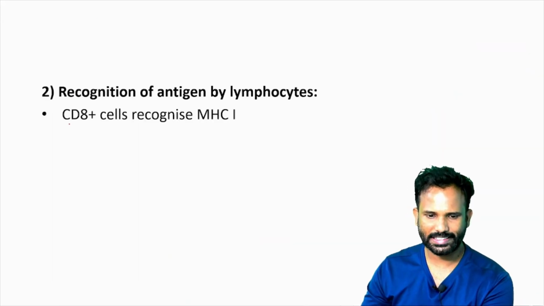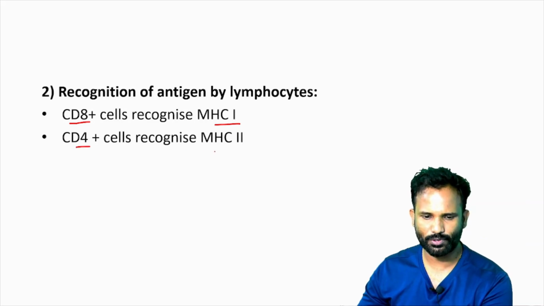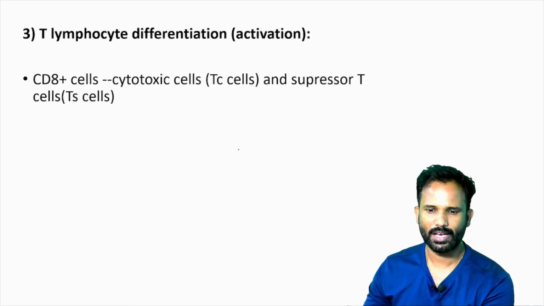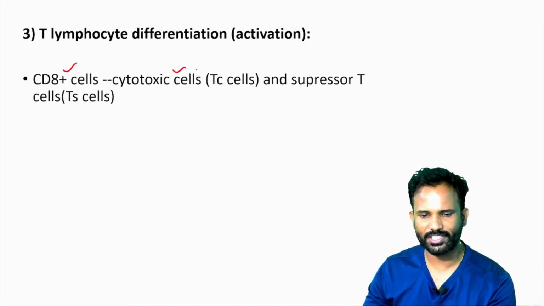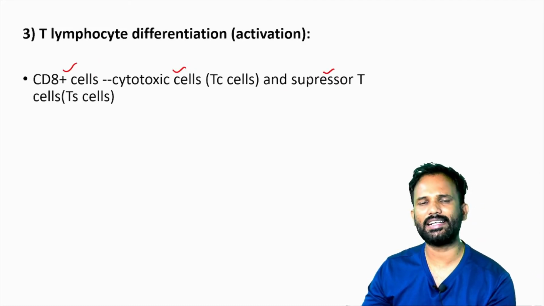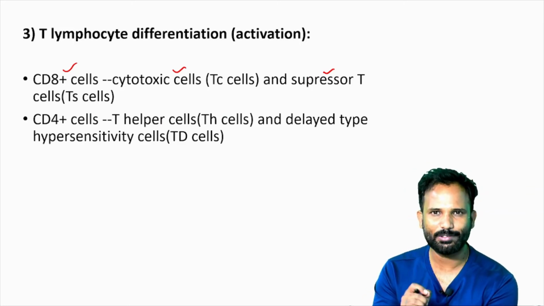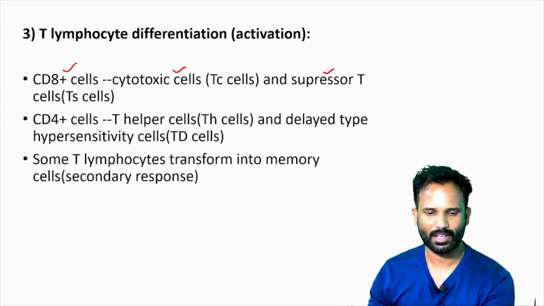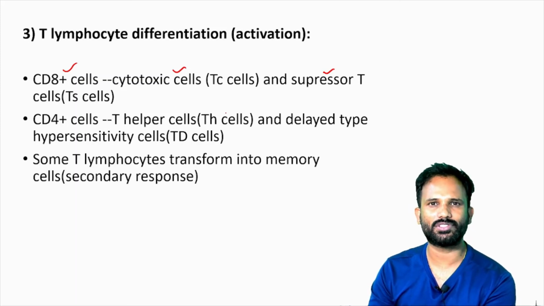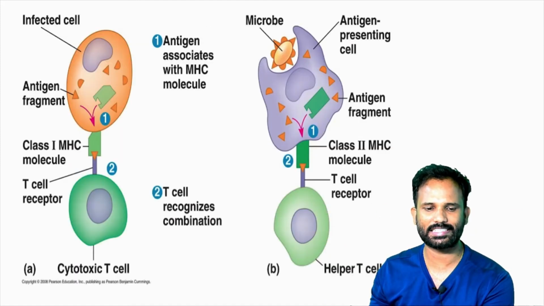So CD8 cells will recognize MHC1 and CD4 cells will recognize MHC2. The CD8 cells will differentiate into T cytotoxic and T suppressor cells. CD4 cells will differentiate into T helper cells and delayed hypersensitivity cells. And some T lymphocytes transform into memory cells which will be responsible for the secondary response.